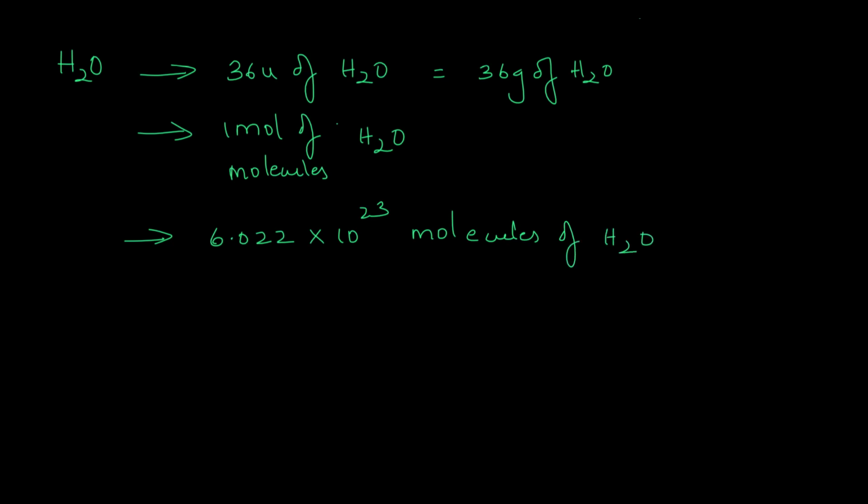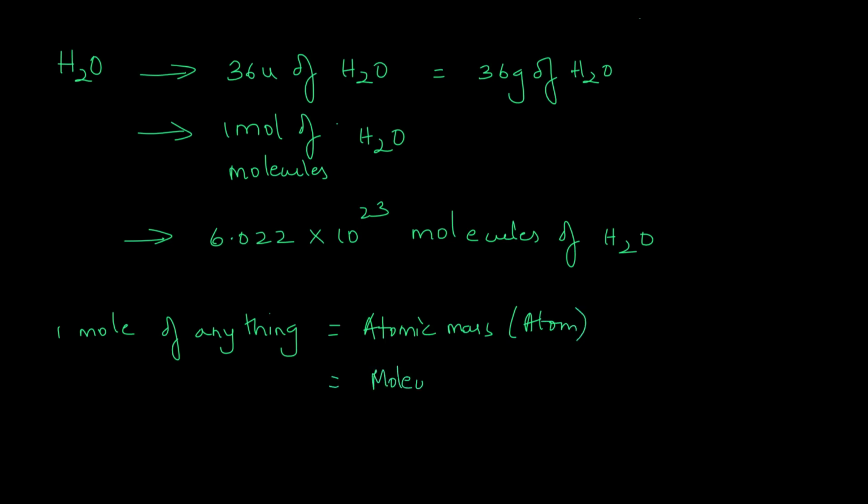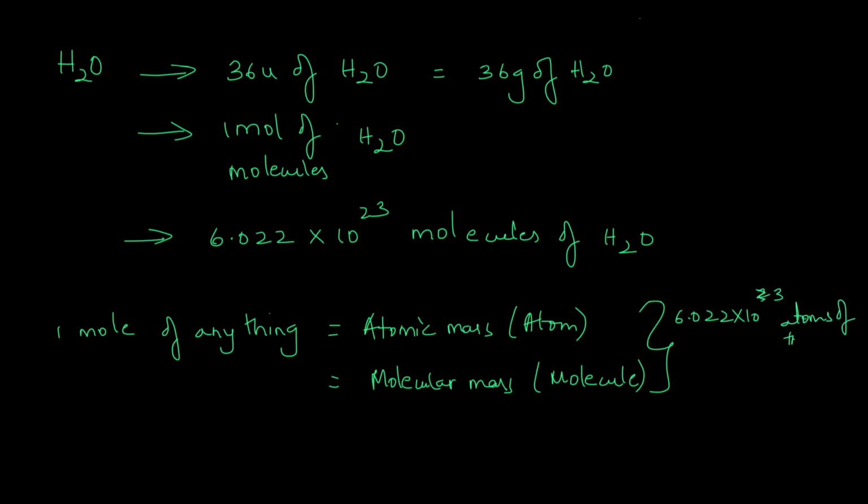What does Avogadro number say? 1 mole of anything will be equal to its atomic mass if it is atom, or it will be equal to molecular mass if it is molecule, which in turn, if it is atomic mass, it will be equal to 6.022 into 10 to the power of 23 atoms of that atom.